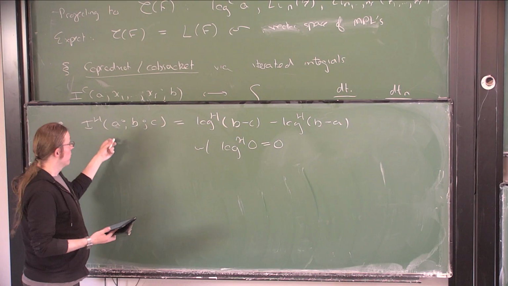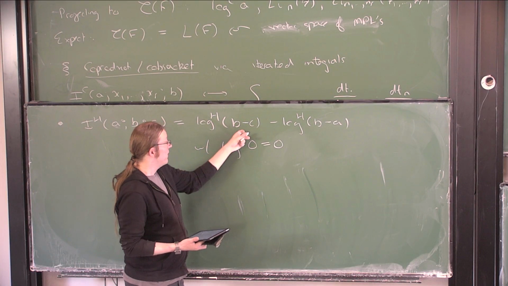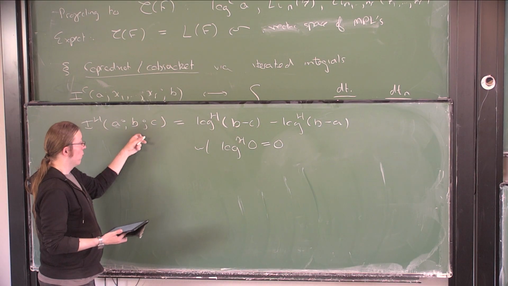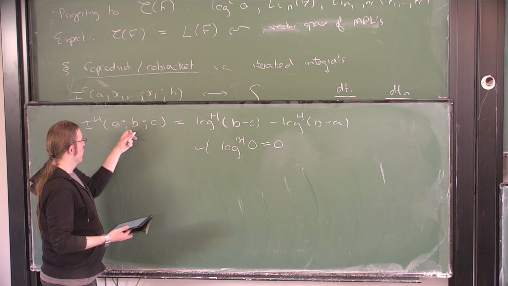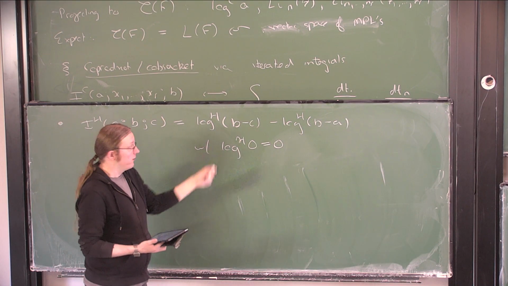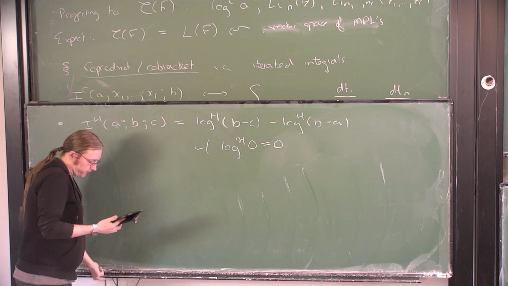The weight 1 integral, like general parameters, is the difference of two logs. And if you see 0 appearing in here, so it's like integral of 0 to 1 or something, you might see when doing these computations, you set the log to be 0, but this is like a minor point.